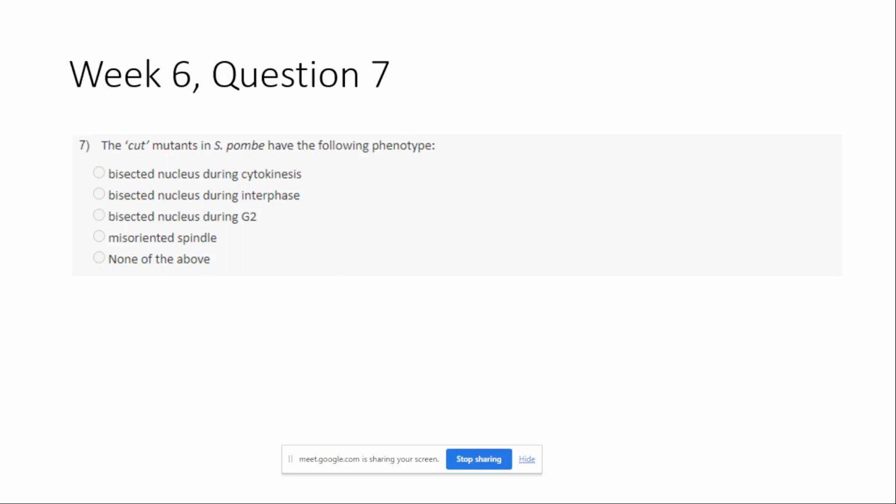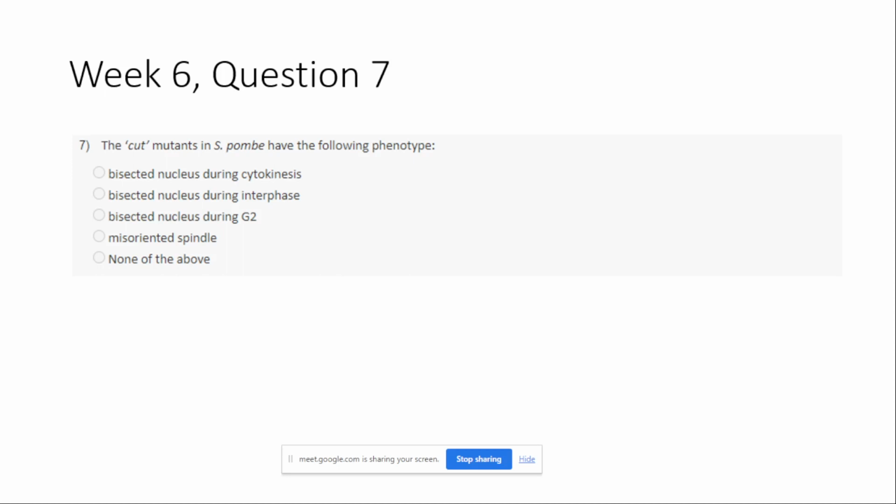So what is the phenotype of this cut mutant in Schizosaccharomyces pombe? The first option is bisected nucleus during cytokinesis, then bisected nucleus during interphase, bisected nucleus during G2. So the correct option is the bisected nucleus during cytokinesis, because the fragments, which are the phenotype of this cut mutant, will be formed only after cytokinesis.